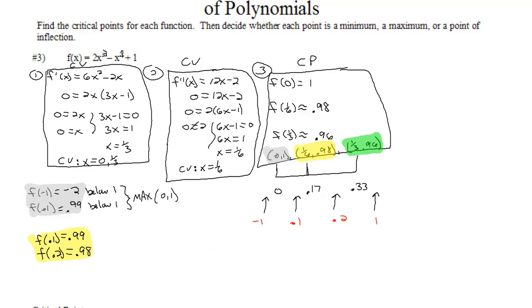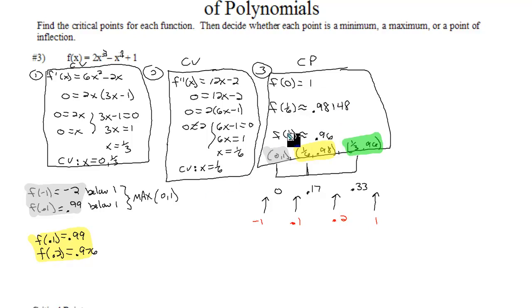I'm going to take this out to another decimal place. This is actually 0.976. That's what it is exactly. This 0.98 up here is not that exactly. Let me recheck that with the calculator. 1 divided by 6. This is actually 0.98148.